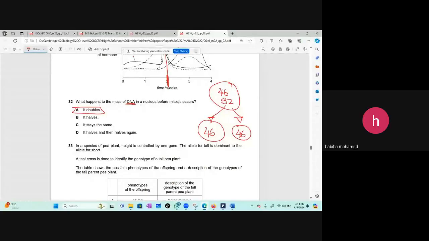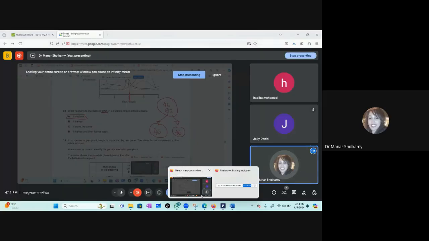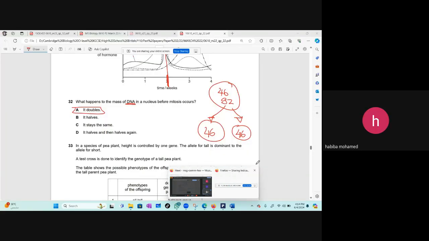Can you see question 32? There's something wrong with the internet. Now you can see it? Yes.